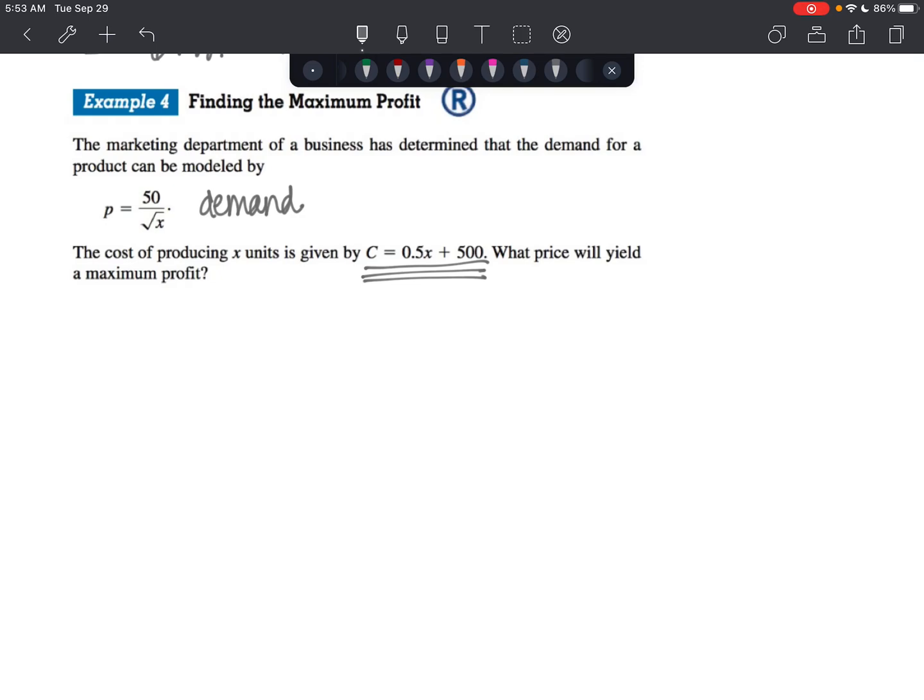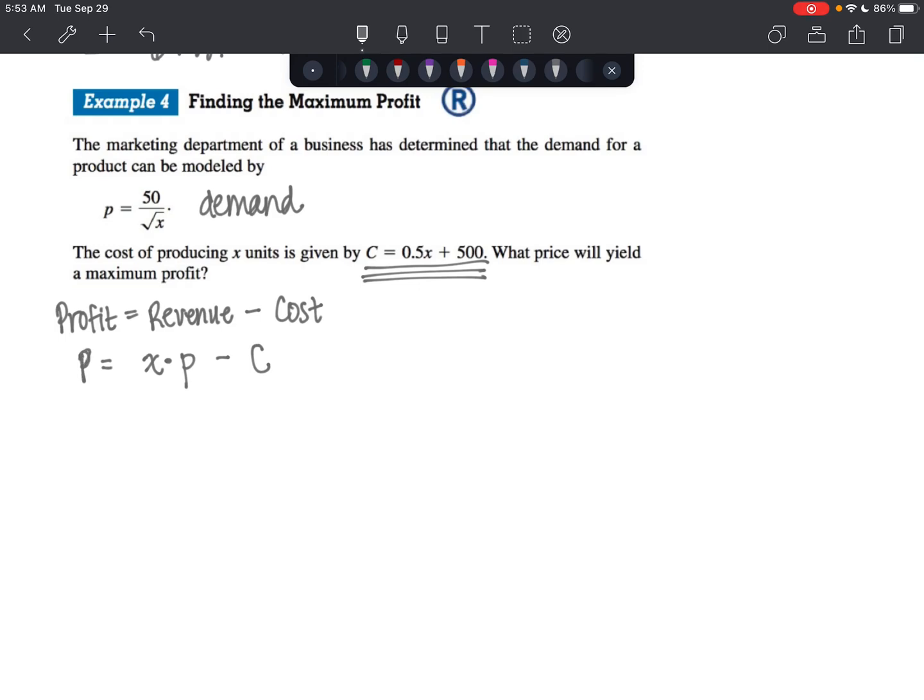So now we're talking about profit. What does profit equal? Profit equals revenue, all the money that you take in, minus all of the cost. Profit is equal to revenue minus cost. Well, we know that revenue is the number of units sold times the price or the demand, and then minus our cost function, which is provided for us in the problem.